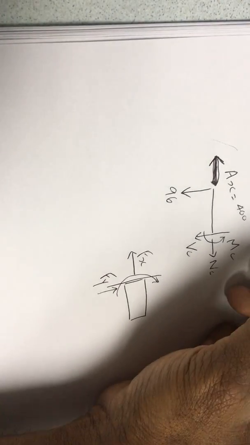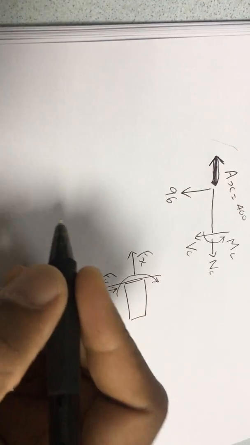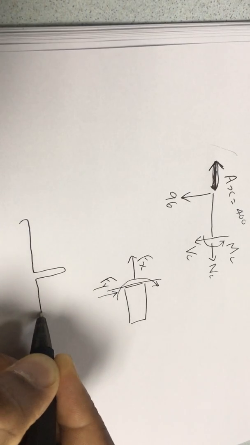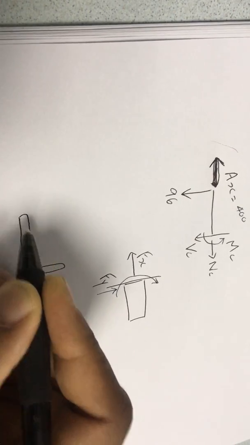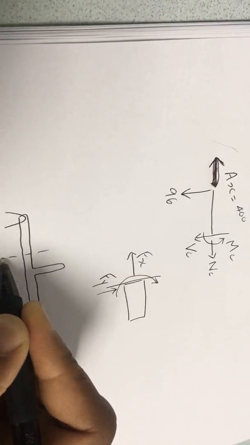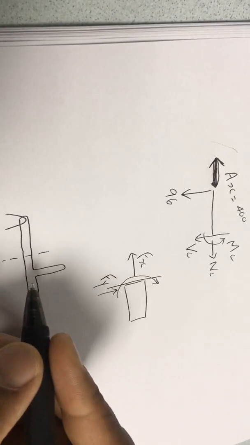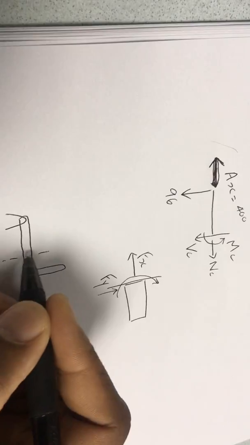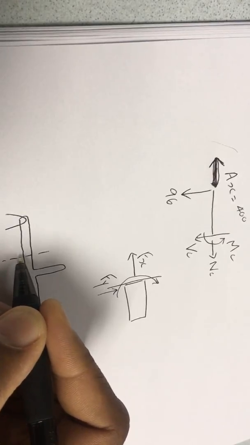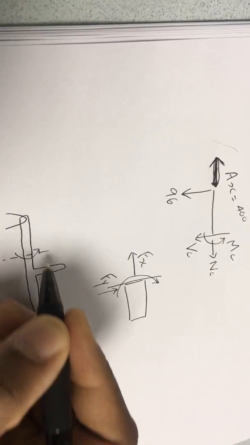So when we did the original diagram looking like this, and you take a cut right there, we treat this as our wall component, and we say, well, this would have to have some resistive moment.